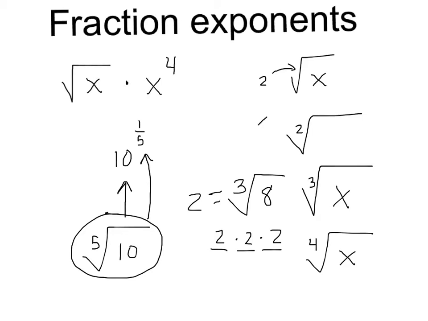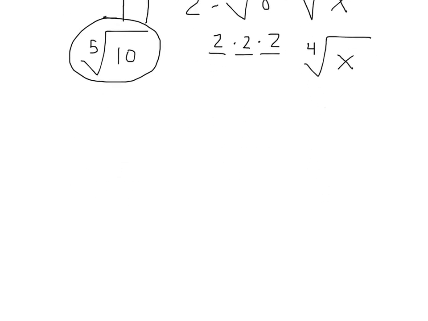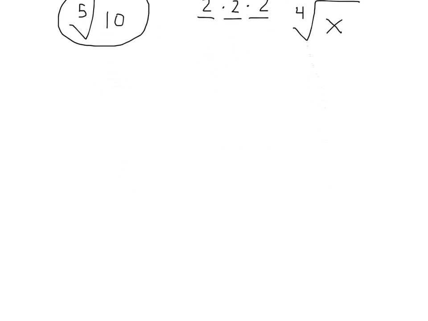So if I'm taking the square root of x, that's the same thing as taking x and raising it to, since it's the square root, the 1/2 power. Did y'all know that? Okay, so what if I have the cube root of x? Then that's going to be the same thing as x raised to the what power?